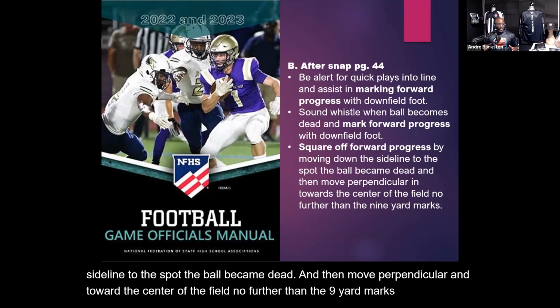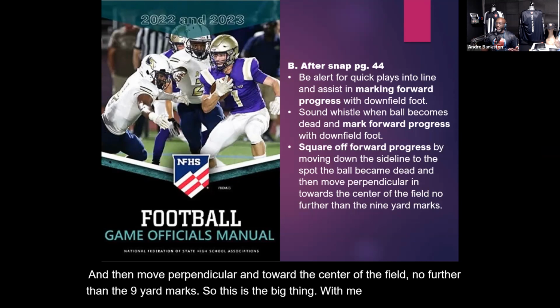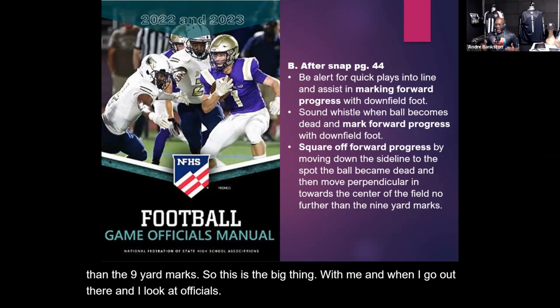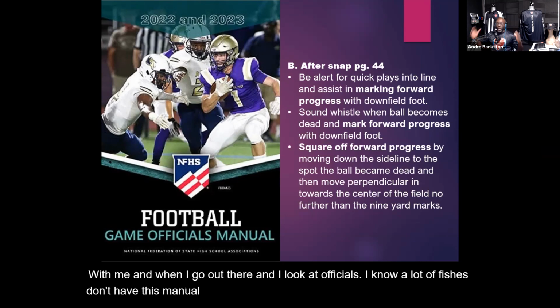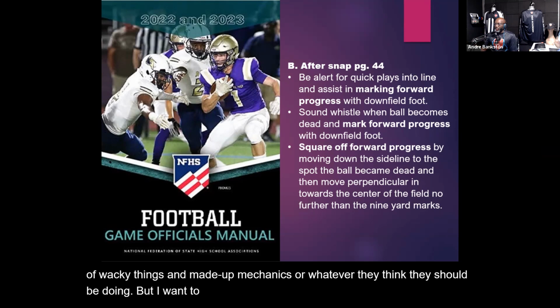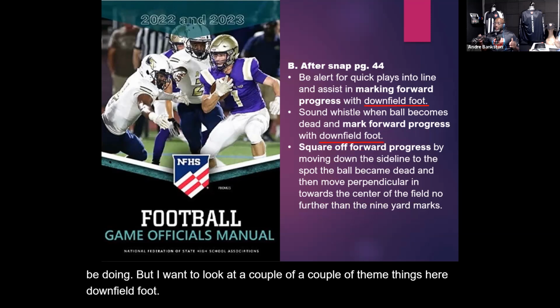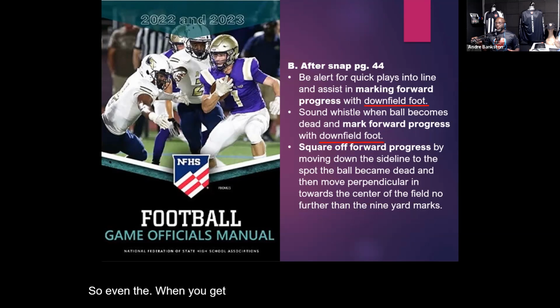So this is the big thing with me, and when I go out there and I look at officials, I know a lot of officials don't have this manual, and they be doing all kinds of wacky things and made-up mechanics or whatever they think they should be doing. But I want to look at a couple of things here. Downfield foot. So even when you get down to the mechanics manual, it's not a rule book, right?